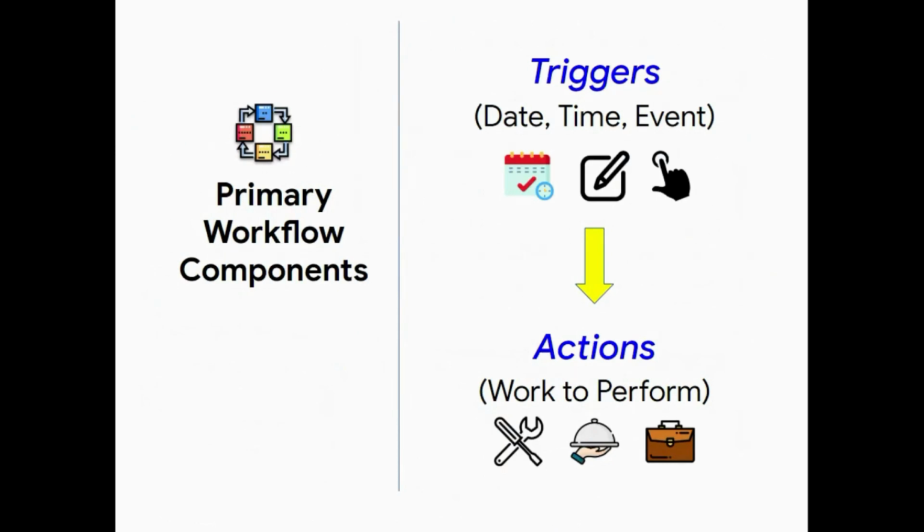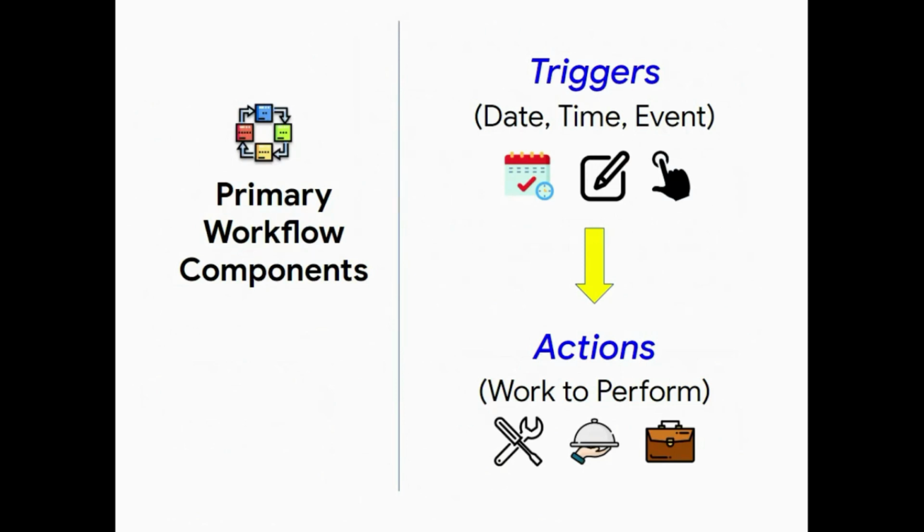Starting with workflow triggers, these are really just the catalyst or the initiator for your workflows. They generally fall into one of 3 categories: date-based triggers, time-based triggers, and event-based triggers. An example of a date-based trigger would be a workflow that needs to happen on the 1st of every month.